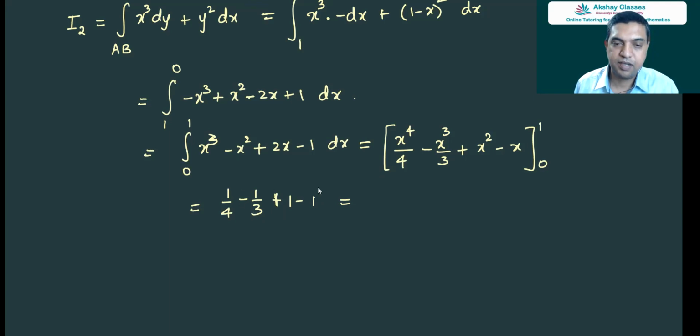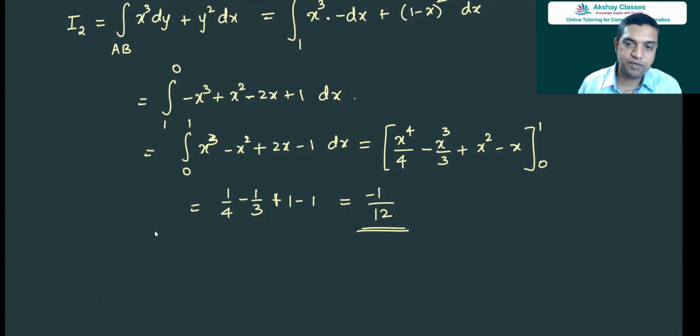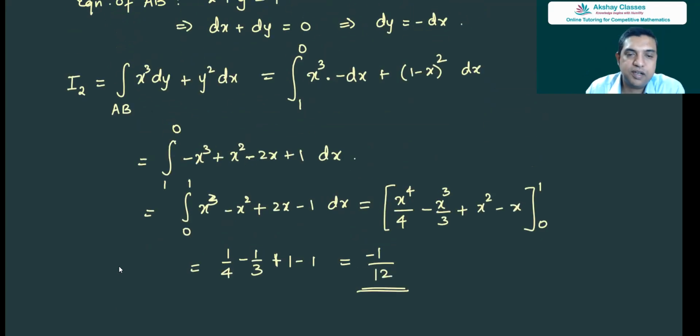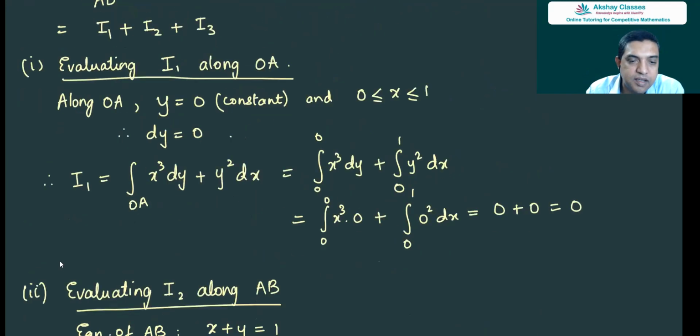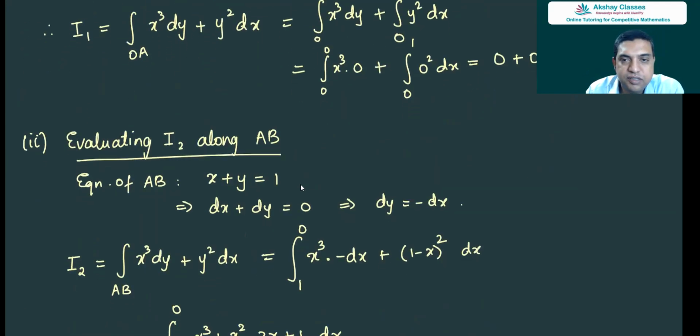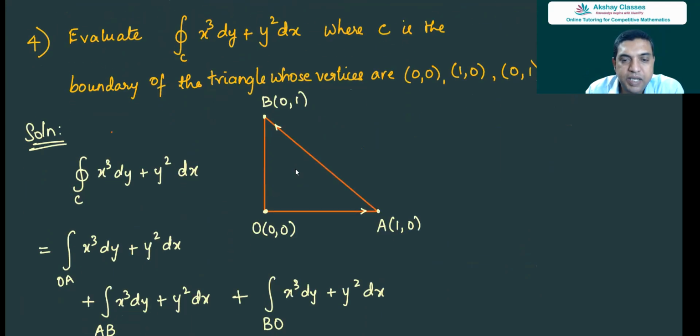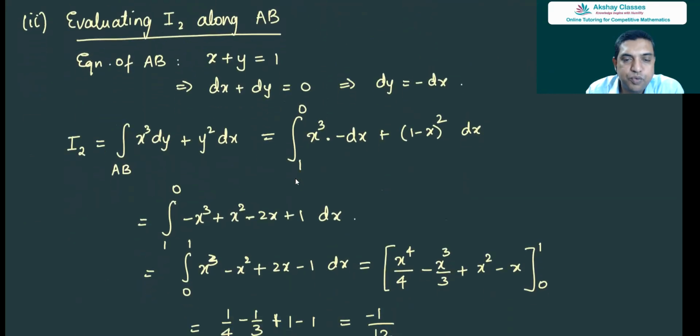This is 3 minus 4 is minus 1 by 12. I2 is minus 1 upon 12. Now let's try I3, evaluating along BO, from B to O.